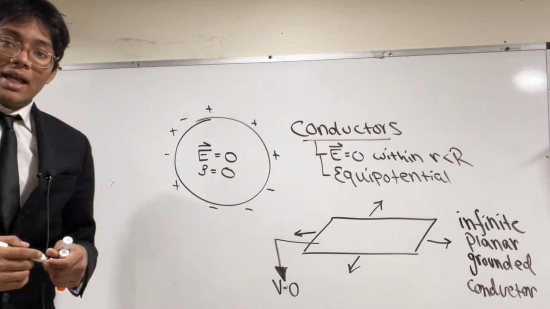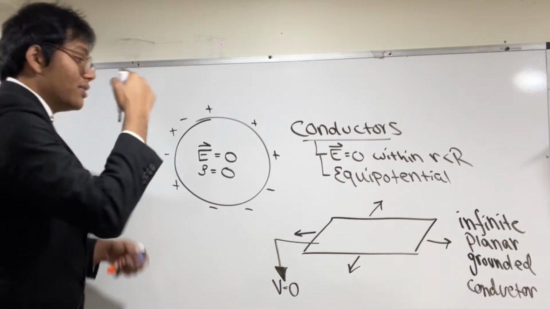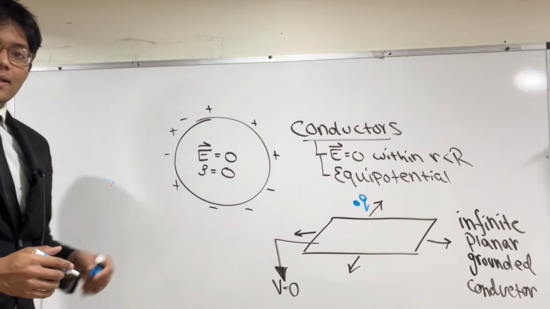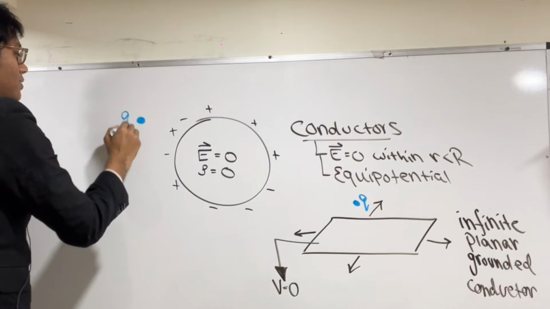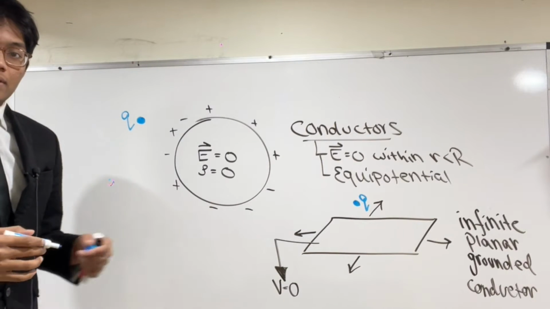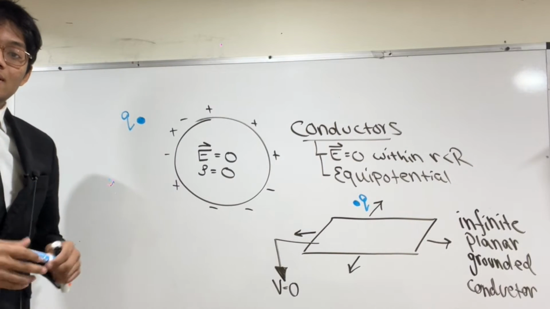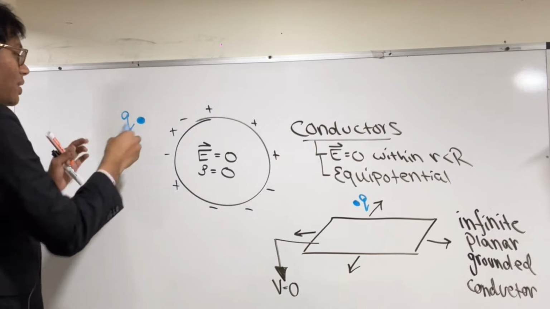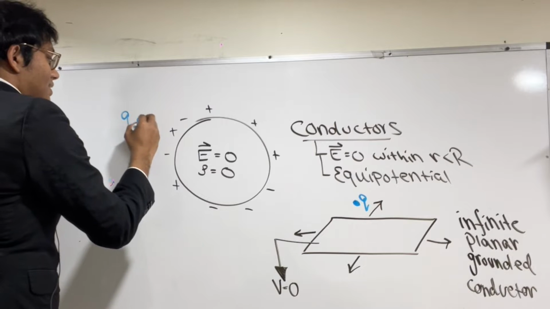Now, what would happen if I brought a charge of magnitude q near the surface of this conductor? Well, let's first think about this analogous situation. What would happen if you brought a charge q near the surface of this spherical conductor? Well, we know that the spherical conductor cannot have any electric field within itself. So let's say that this is a positive charge q, it's going to protrude electric field lines as follows.